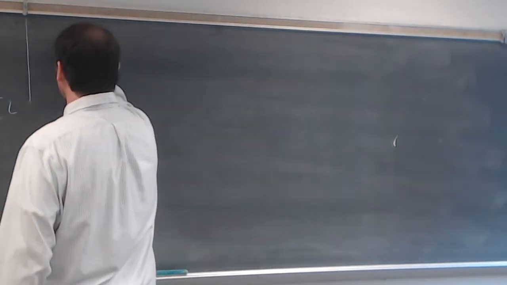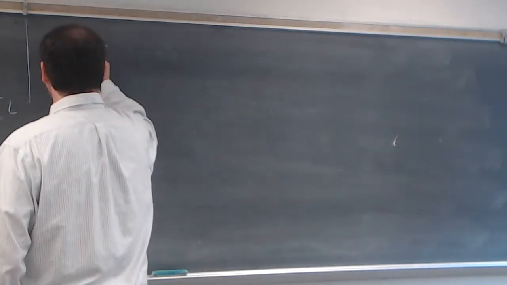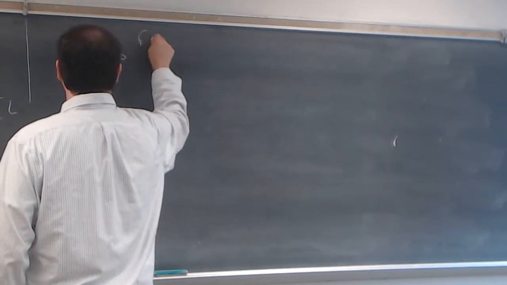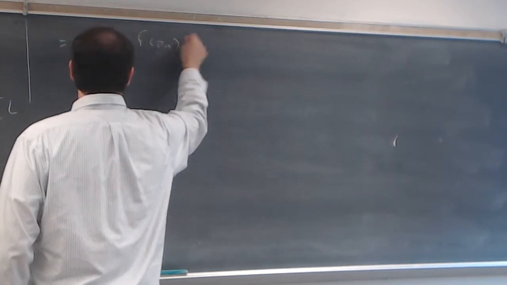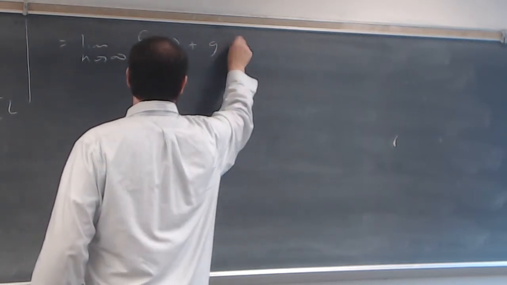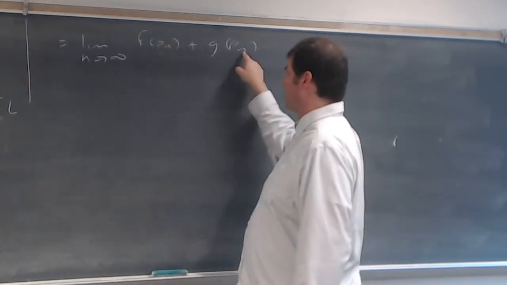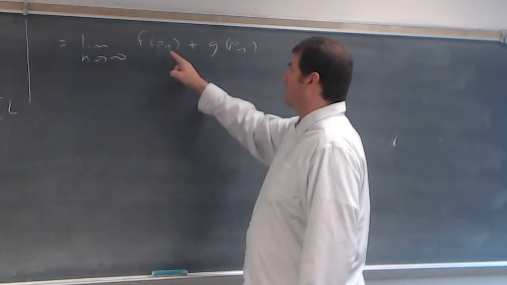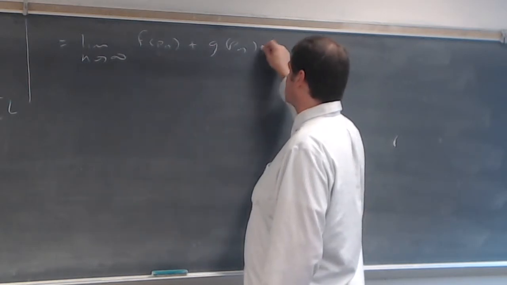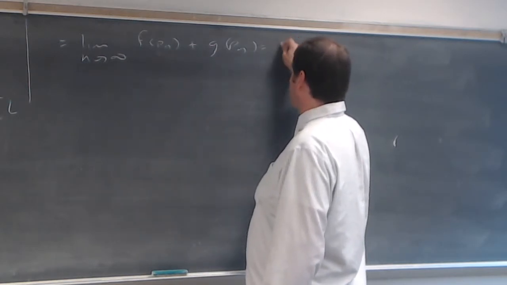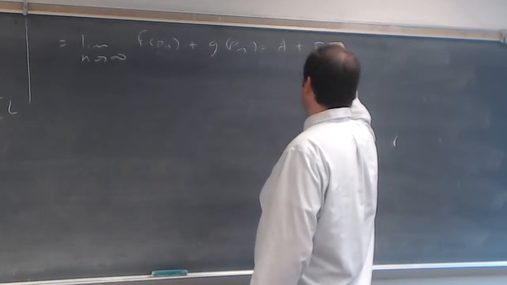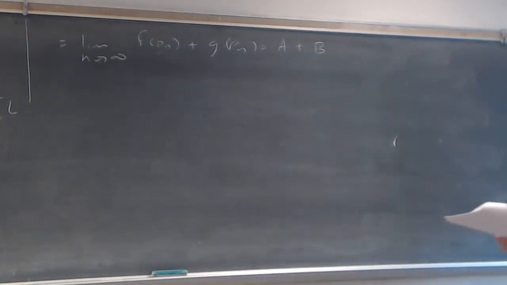That's going to be equal to the limit as n goes to infinity of f of p sub n plus g of p sub n. Now, since both of these converge as complex sequences, then the limit of an addition of complex sequences is equal to the addition of what they converge to, which is a plus b.